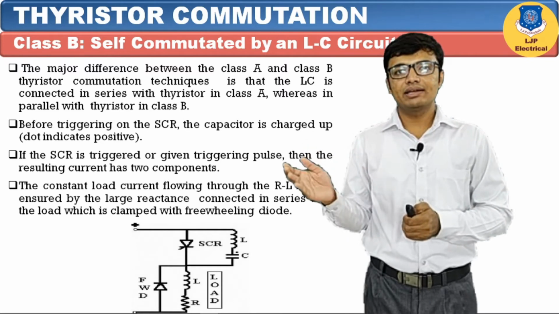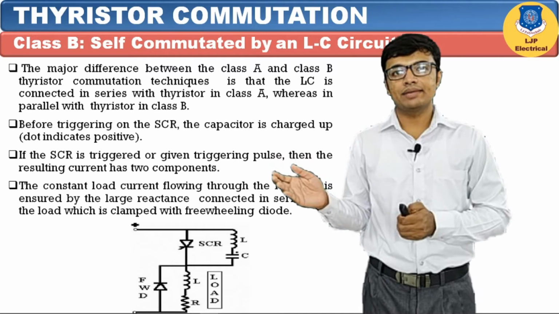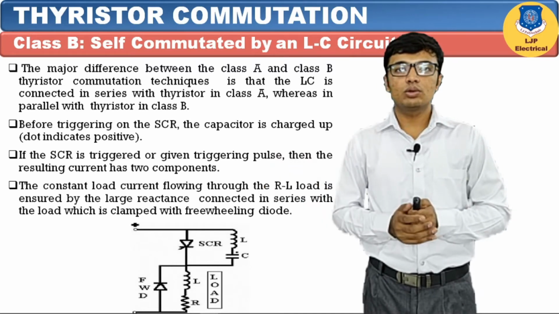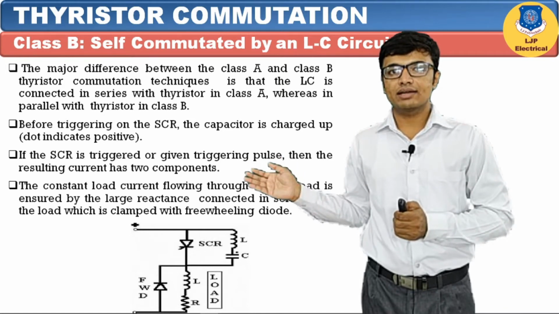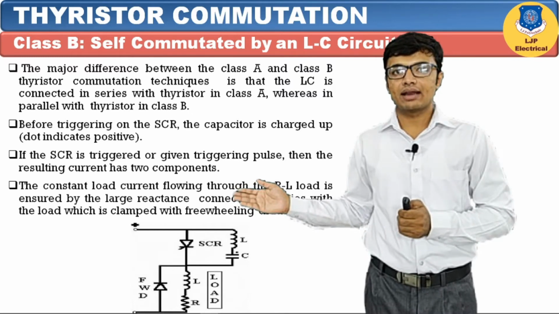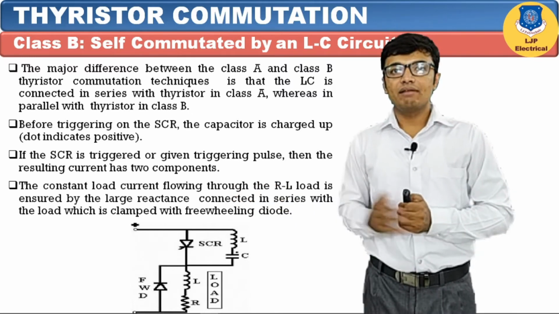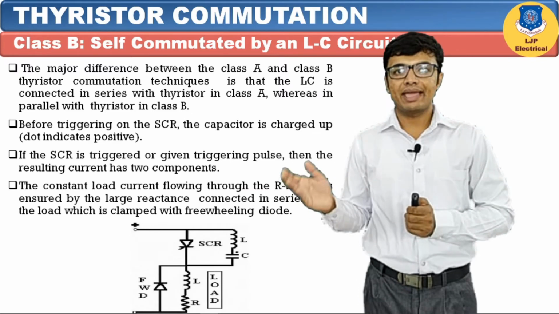When this capacitor discharges through this inductor and this SCR, simultaneously it will charge in the reverse direction. The current will flow through the inductor, the SCR, and the bottom plate, so the bottom plate will charge as positive and the upper plate will become negative.